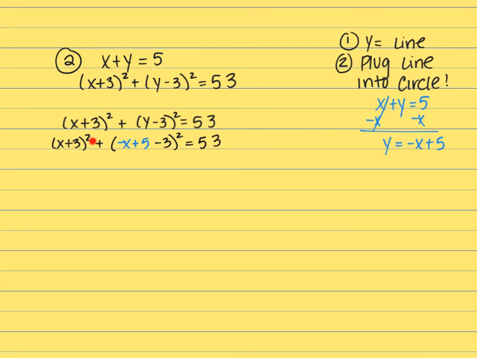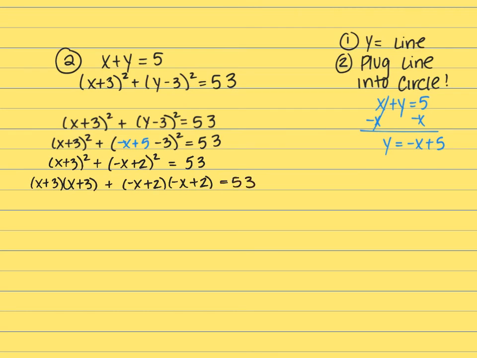Now we're going to have to double distribute this, and obviously this as well, but before we do that, let's simplify in here. We have a 5 minus 3, which I can make 2. So I have x plus 3 squared plus negative x plus 2 squared equals 53. And I can double distribute twice. x plus 3 times x plus 3 plus negative x plus 2 times negative x plus 2.